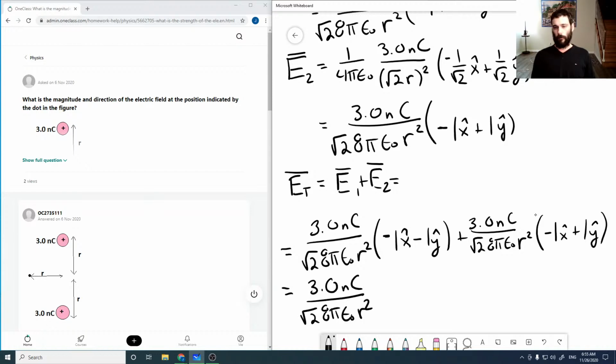Leaving us with just our vector math. So minus 1 x hat, minus 1 y hat, minus 1 x hat, plus 1 y hat. And so the minus 1 y hat and the plus 1 y hat are going to cancel. And then the minus 1s are going to double up.